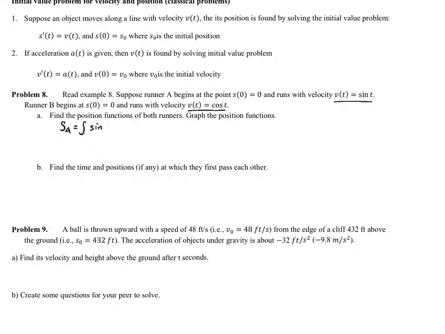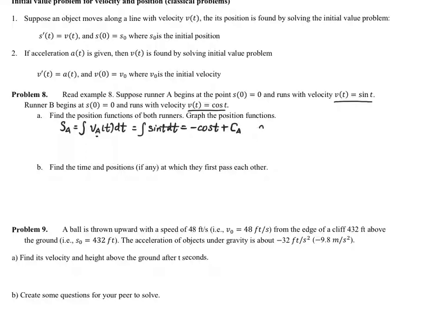How about we write the velocity function first? So v_a of t dt, right? This subscript represents that this is for runner A. It equals the antiderivative of sine t dt, which is negative cosine t plus a constant, let's call it c sub a.